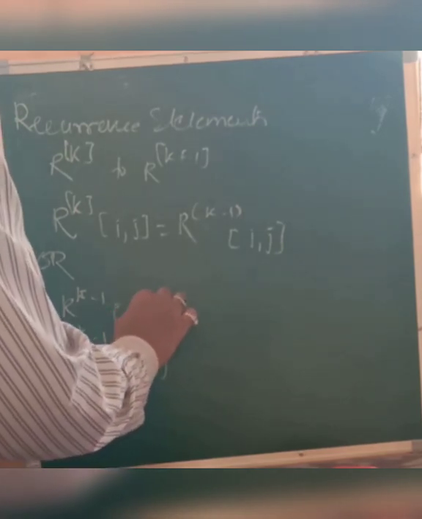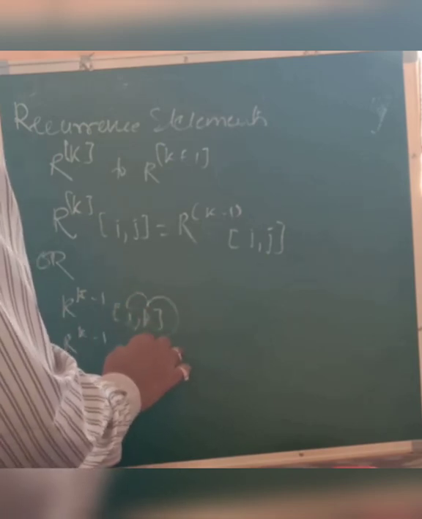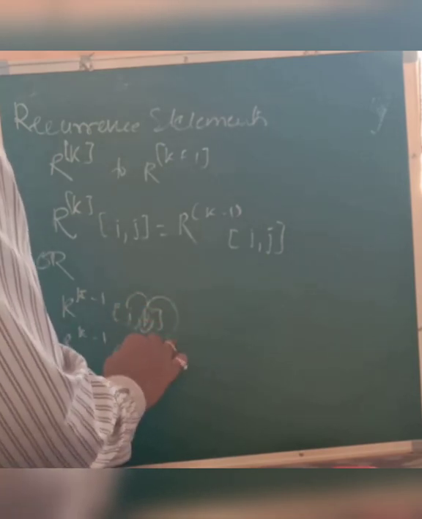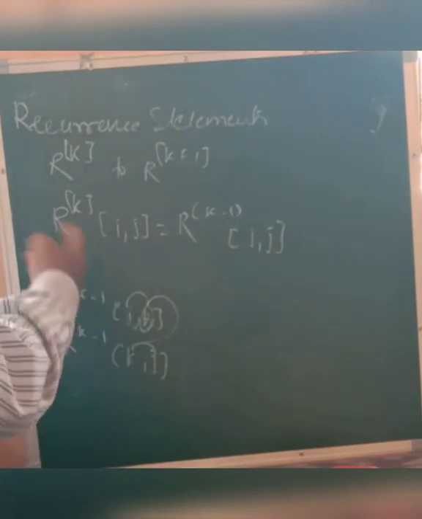So I will go from i to k, there is already a common vertex, and then k to j. This is what the recurrent elements are.